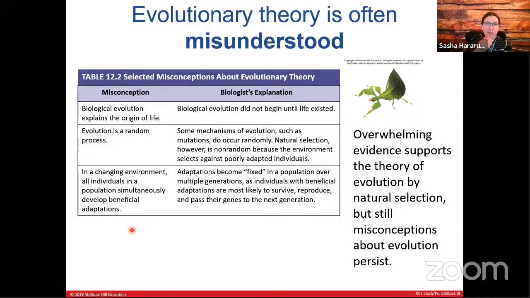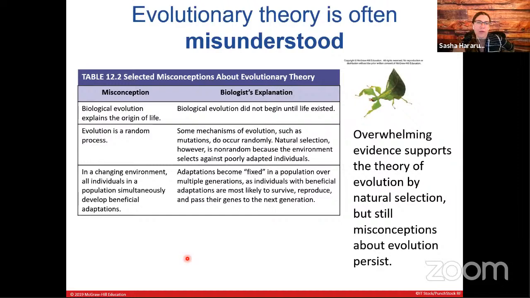So the third misconception is that in a changing environment, all individuals in a population simultaneously develop beneficial adaptations. Again, not true, and that goes back to the second misconception. The adaptations become fixed in a population over multiple generations, as individuals with beneficial adaptations are more likely to survive, reproduce, and pass their genes to the next generation.